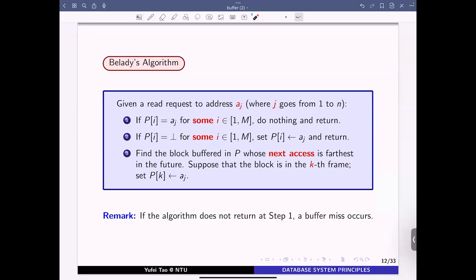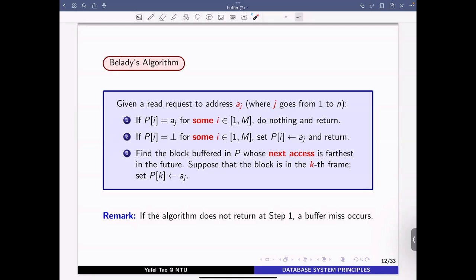When this if condition does not hold, you go to line 2, step 2. As long as you go to step 2, a buffer miss has already occurred. You don't hit, so you missed.